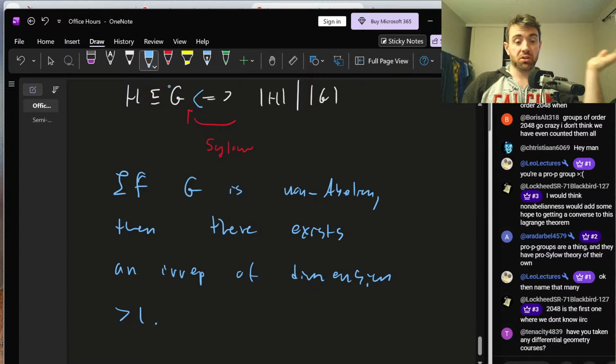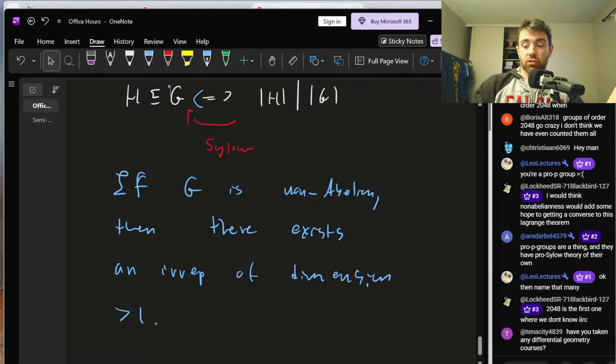So far, this doesn't allow us to say something about the existence of a representation of a certain order, but this is a step towards that.